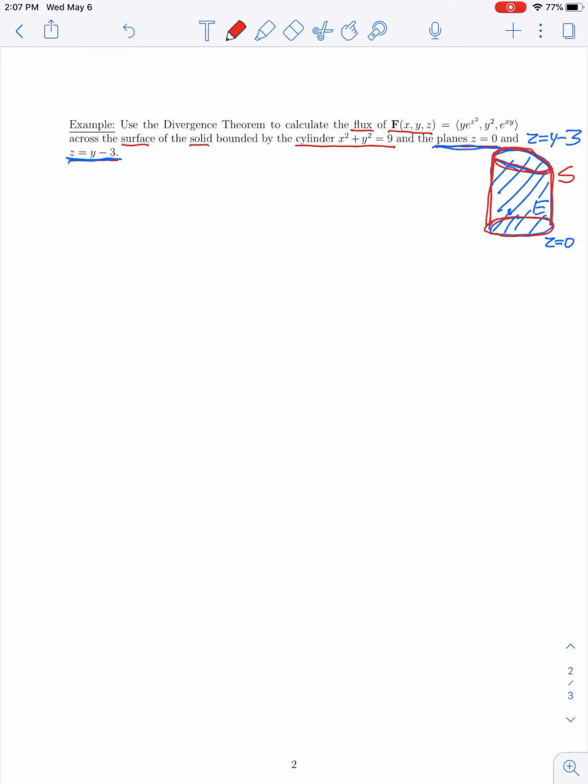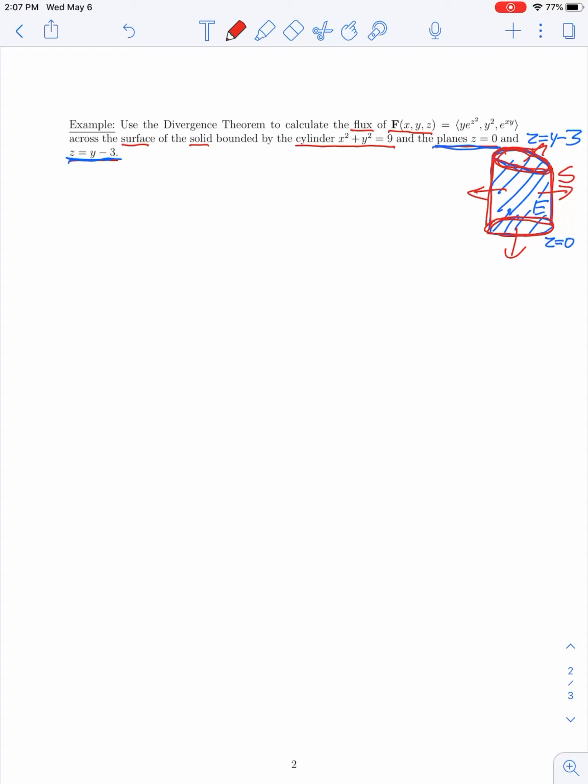It consists of this bottom disk, so we would be looking at the downward flux through that surface. This little upper disk, which is enclosed by an ellipse, we're looking for the outward flux across that surface. And then the sides are bounded by this cylinder. So I would look at the flux across each of those 3 subsurfaces, and then I would have to take the sum of those in order to do this directly.